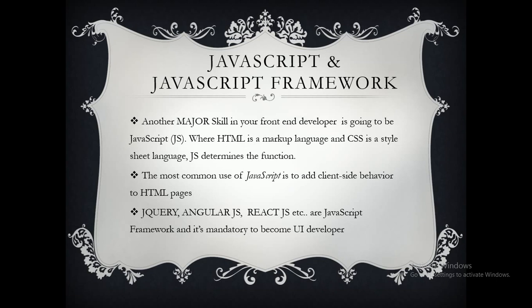So this is one of the important skills for front-end development. The most common use of JavaScript is to add client-side behavior to HTML pages, like validation on forms and interaction between your page and the user.